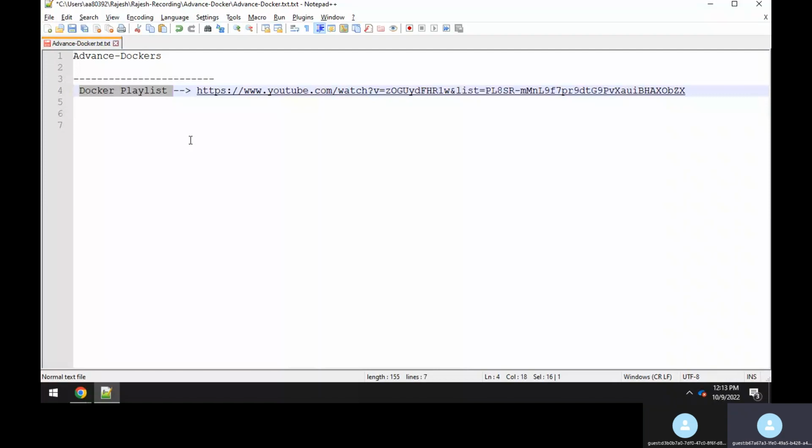To get much more information through the advanced Docker section, you have to always go through the official website. Docker has an official website, docs.docker.com. This is a very important site you have to visit, where you will find a lot of advanced Docker concepts.